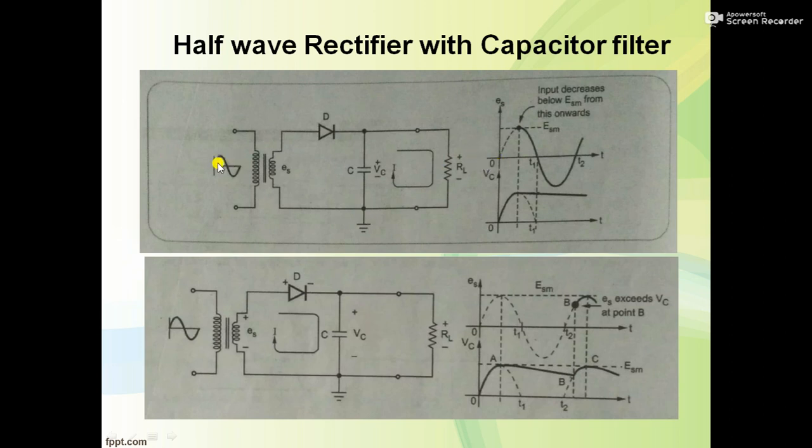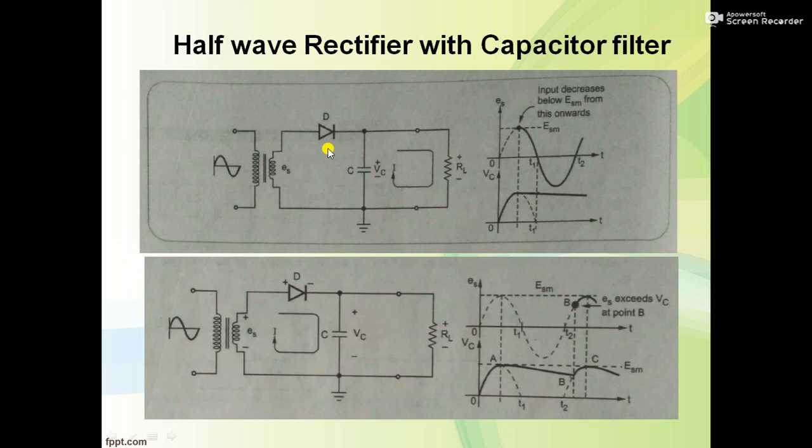Here also we will discuss the operation of this circuit during the positive half cycle and during the negative half cycle. During the positive half cycle, as the voltage increases from 0 level to a certain level, A becomes positive, B becomes negative, so positive to positive, the diode becomes forward biased.